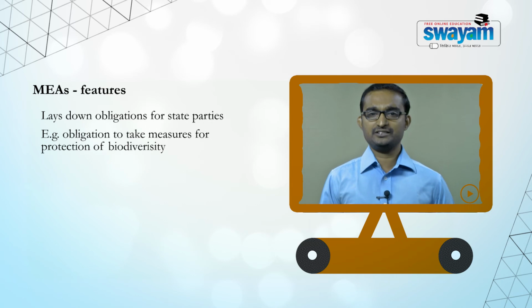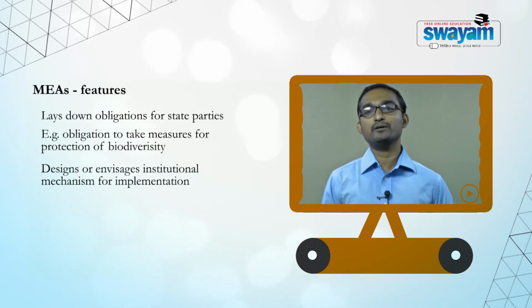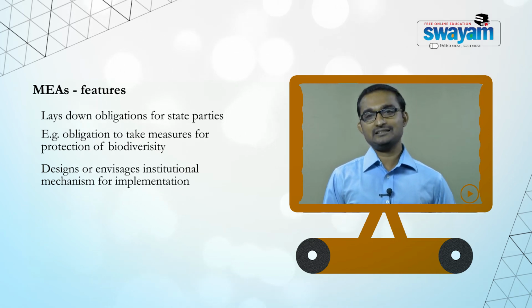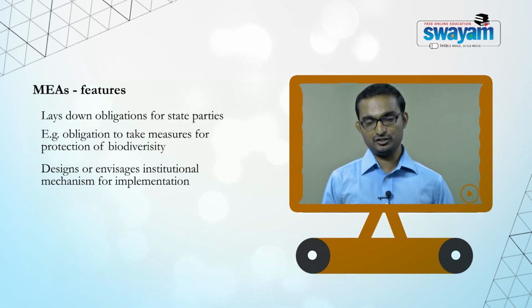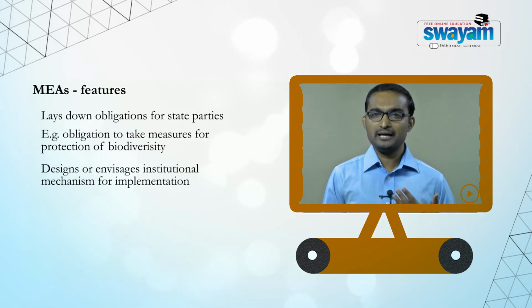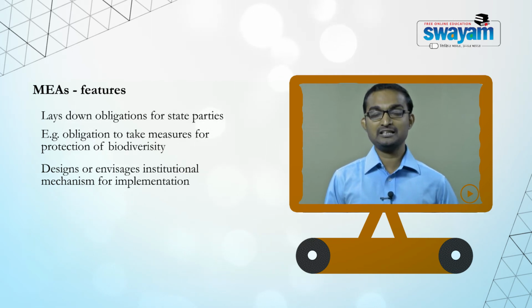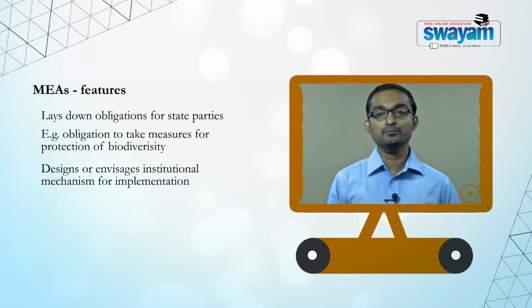Another important feature is that it envisages an institutional mechanism for implementation of the treaty, because earlier many of these environmental treaties used to rely on existing environmental institutions. Say for example, several environmental treaties used, or are still using, the United Nations Environment Program as their institutional mechanism for implementation.